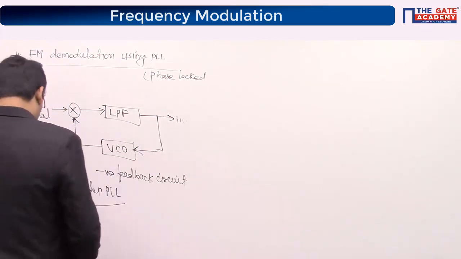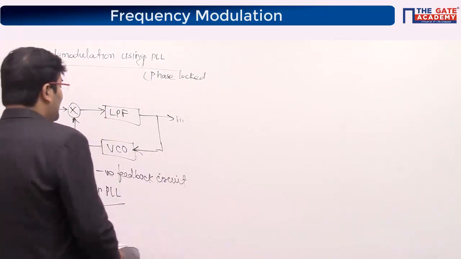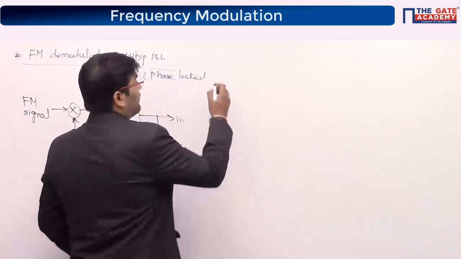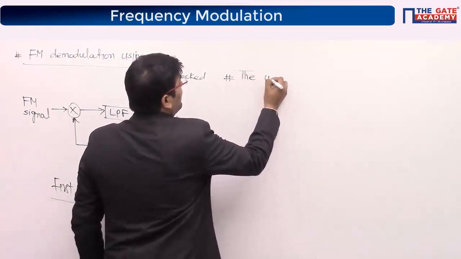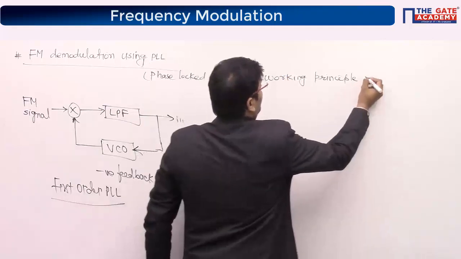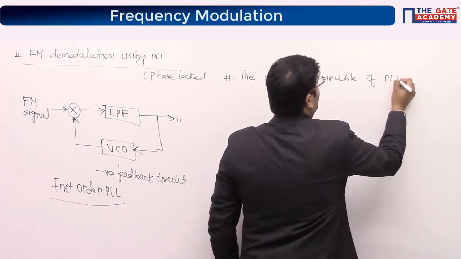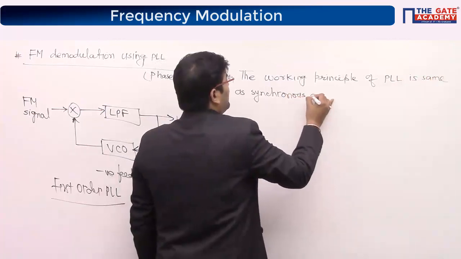But I think that is not required because we are not going to exactly go into the derivation part. So just write the point which we have discussed, that the working principle of phase locked loop is the same as the synchronous detector.